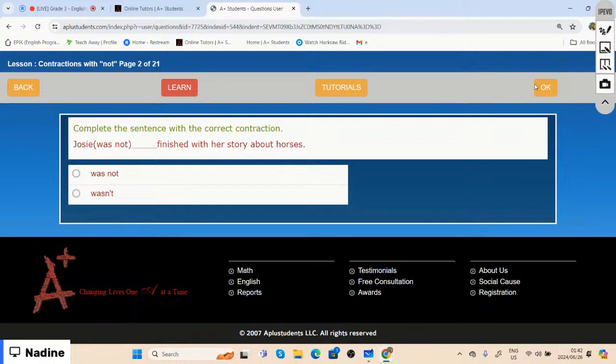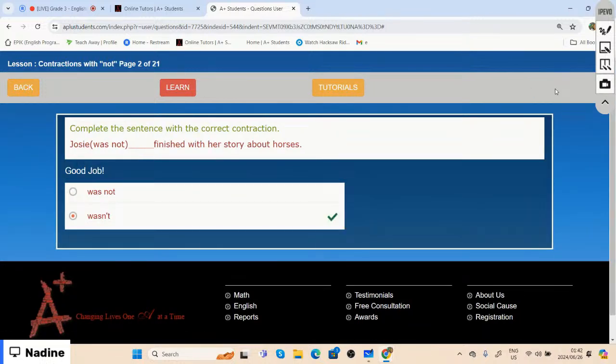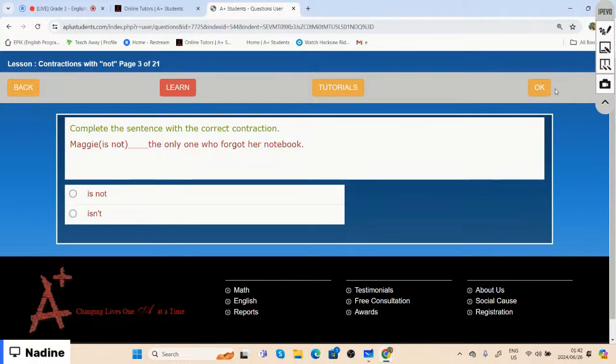All right, and if we were to choose the correct option, then yeah, wasn't. Option two is correct. So well done. So Josie wasn't finished with her story about horses. Let's go to the next one.